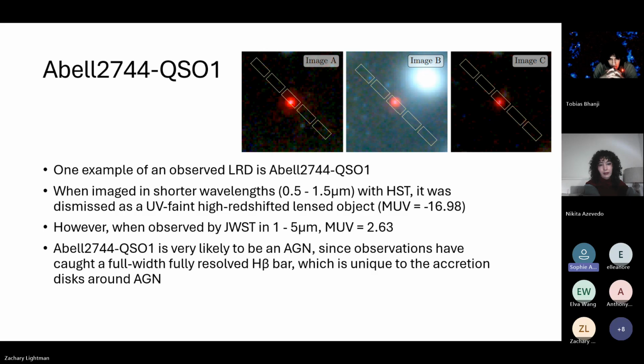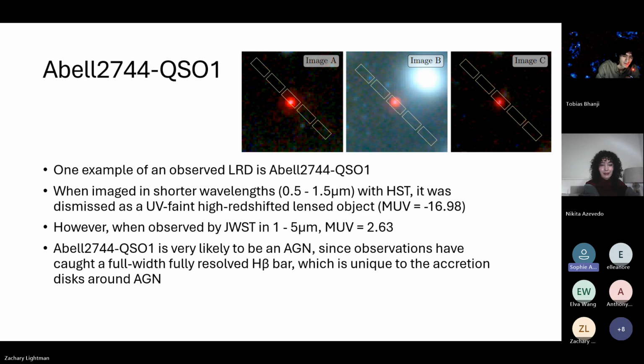However, JWST redid the observation in a longer wavelength, and what was discovered was that it was very red, which is quite shocking when you are observing things.